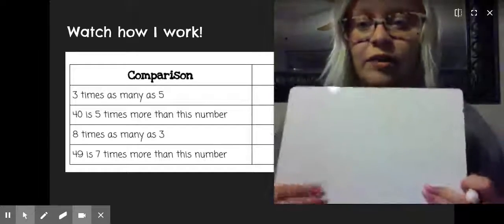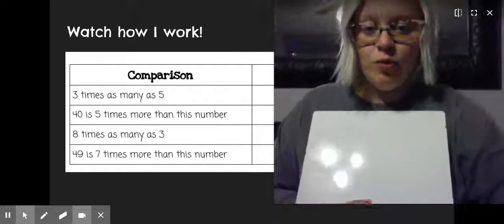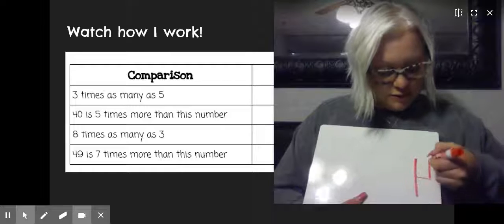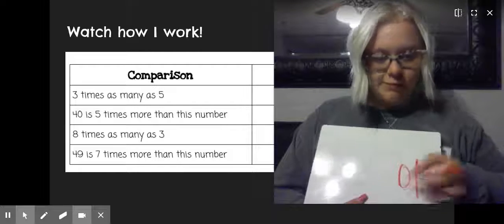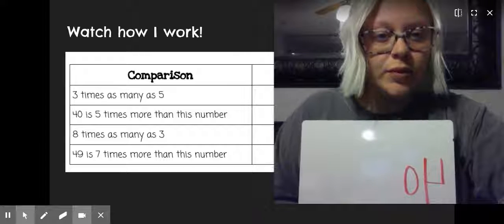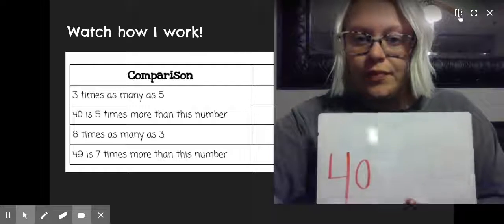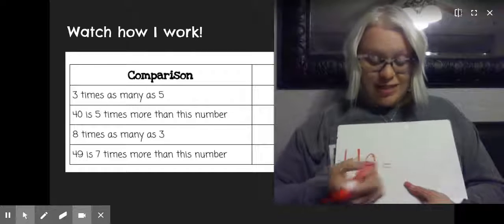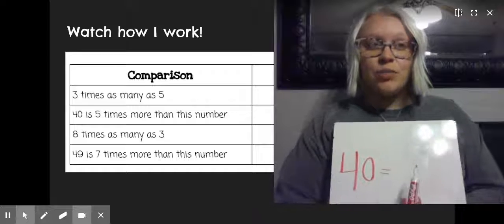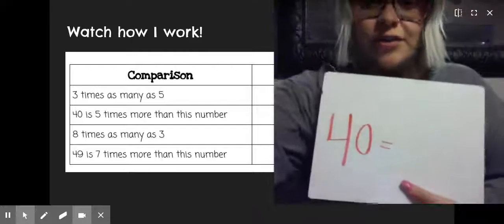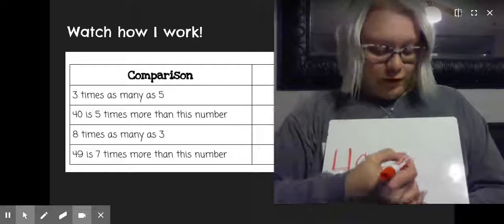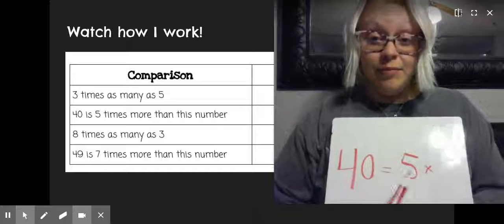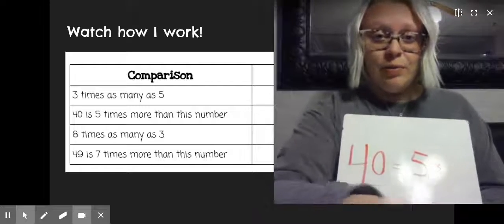Our next one. 40 is 5 times more than this number. So I would do 40, and we would kind of have an equal sign. We're going to write it as a multiplication problem, but we're going to do division to solve it backwards. So 40 is 5 times this number. So I'm going to write my 5 times because I heard that in my problem up here.